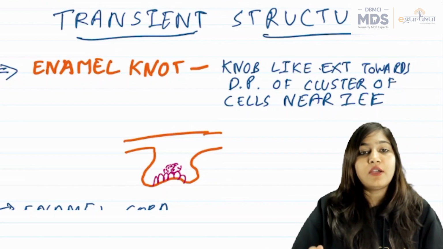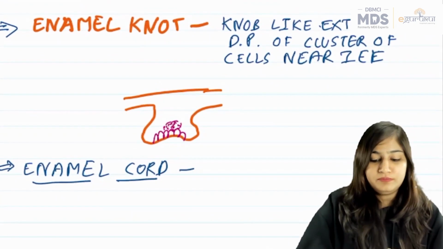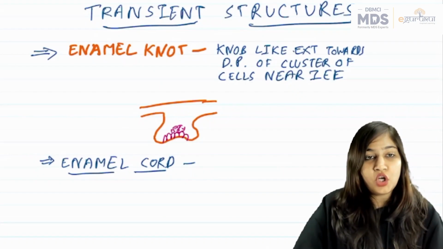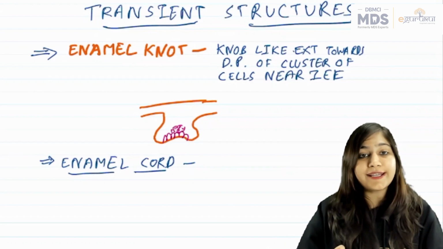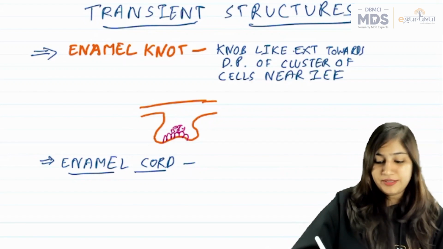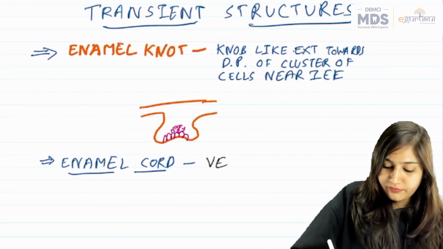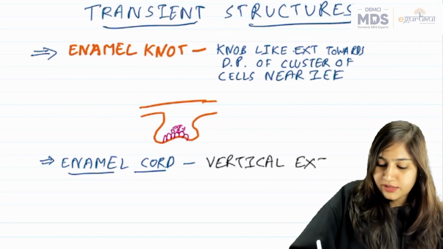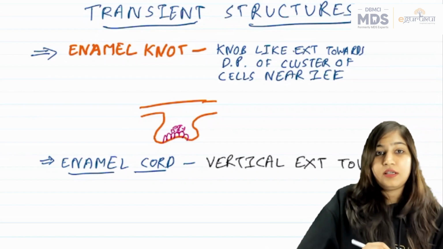Second is enamel cord. Vertical extension of enamel knot is enamel cord. Vertical extension towards the outer enamel epithelium.